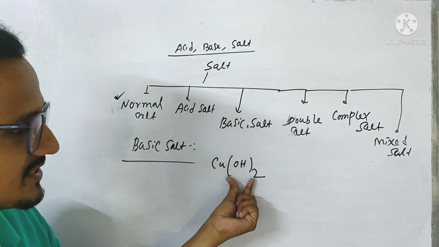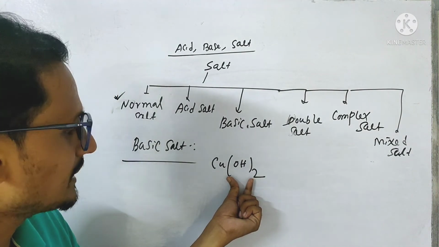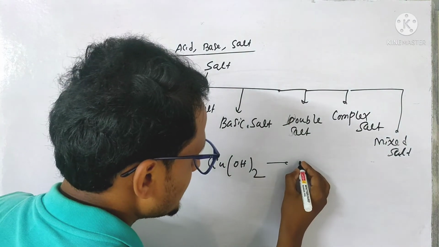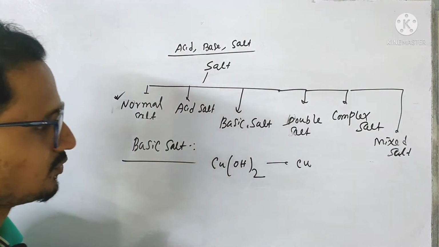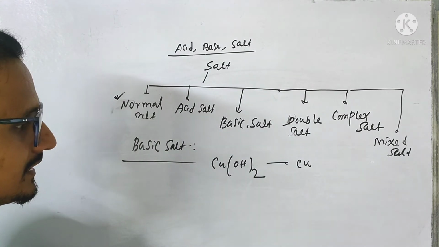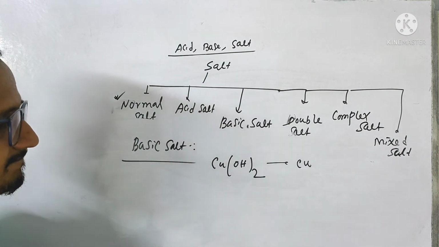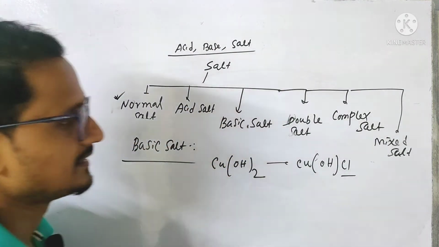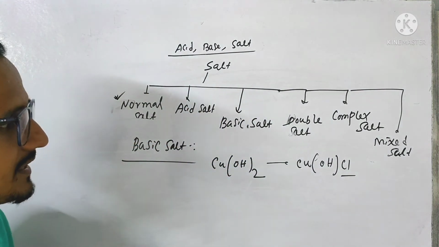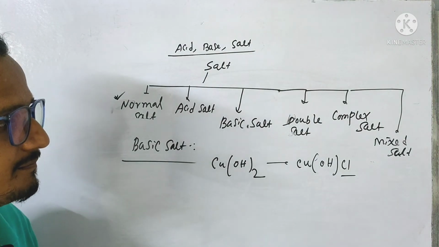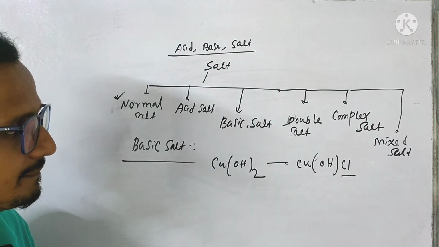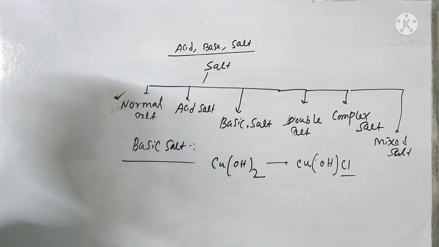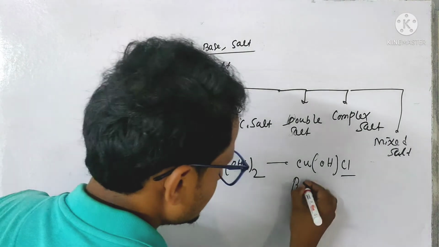Two OH ions are there. If it is partially replaced, that means one of the OH is replaced by Cl, then it will be a basic salt. It will be named basic copper chloride.